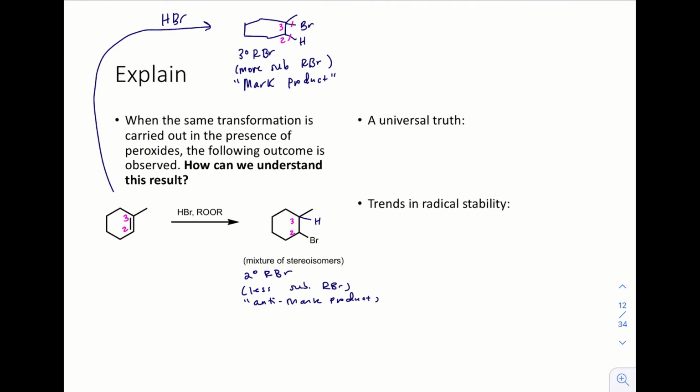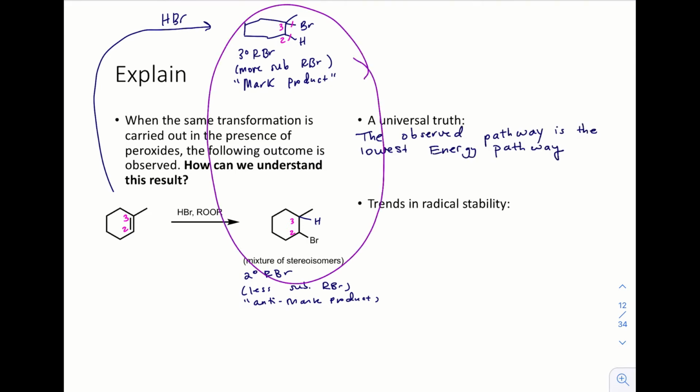Let's just take a time out and state a universal truth, which I have mentioned before. And that truth is that the observed pathway is the lowest energy pathway in both cases. And because different products were formed, that suggests there were different pathways at work in the presence and absence of peroxides.